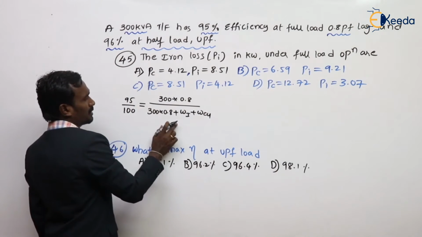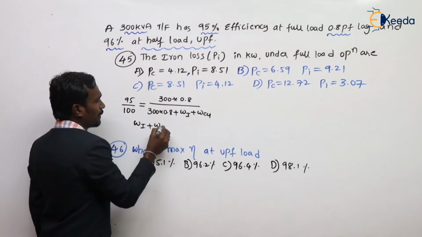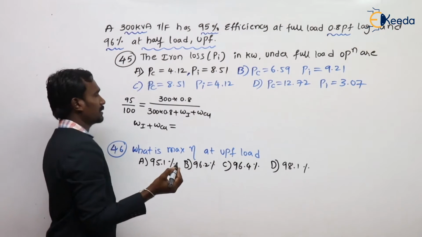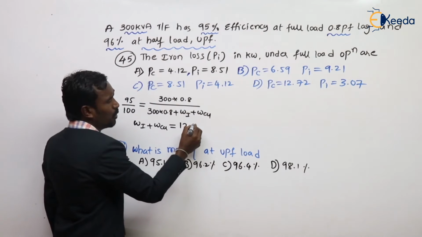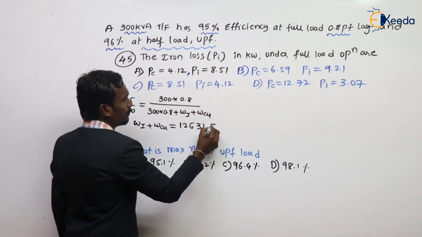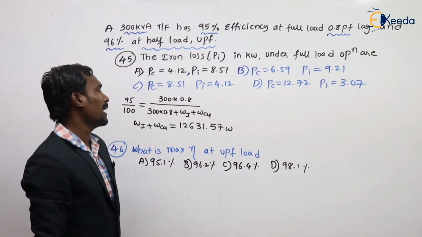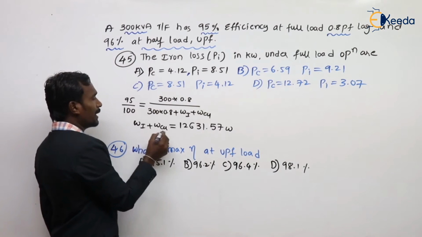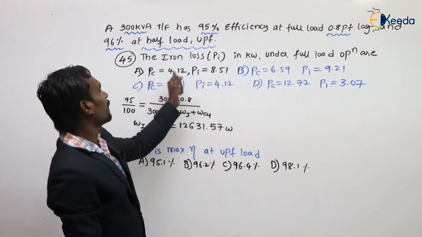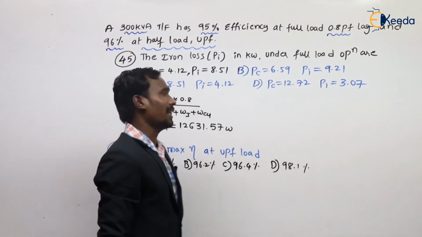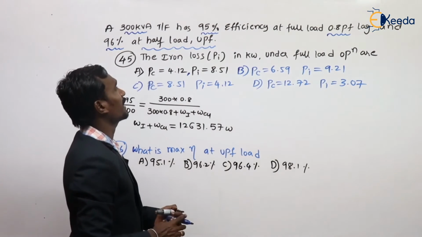If you solve this, you can get the iron losses plus copper losses value: 12631.57 watts. This is the combined iron losses plus copper losses. But it is not completed. We want copper losses and iron losses separately. But you got them combined. Let's go for the next data.